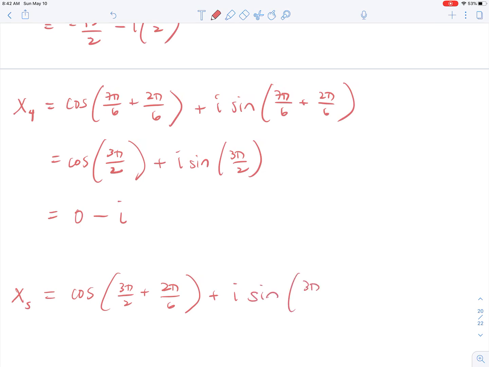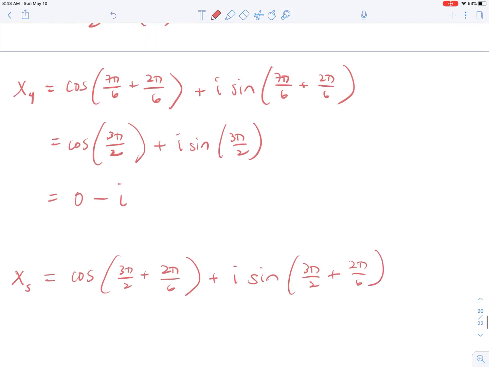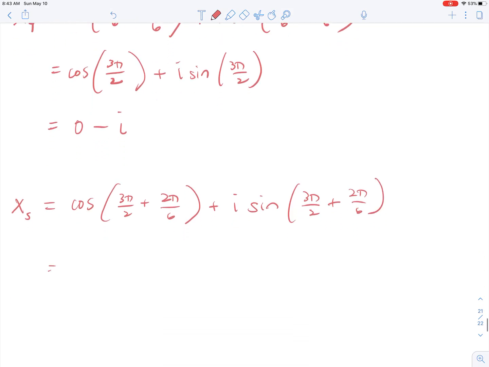And the last solution would be cosine of 3 pi over 2 plus 2 pi over 6 plus i times sine of 3 pi over 2 plus 2 pi over 6, which ends up being cosine of 11 pi over 6.